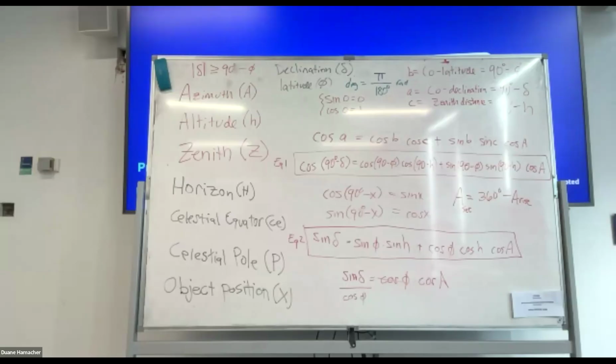So declination, parentheses, D. Then put in latitude, and actually instead of D, it should be delta. You can put in your insert symbol.